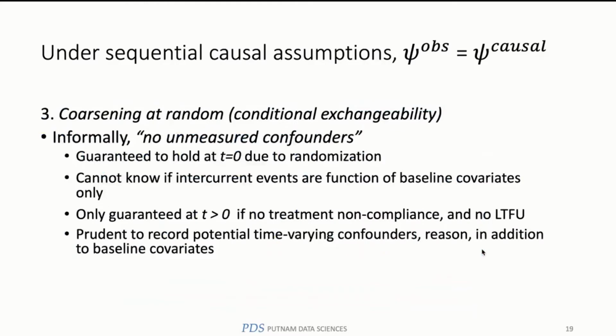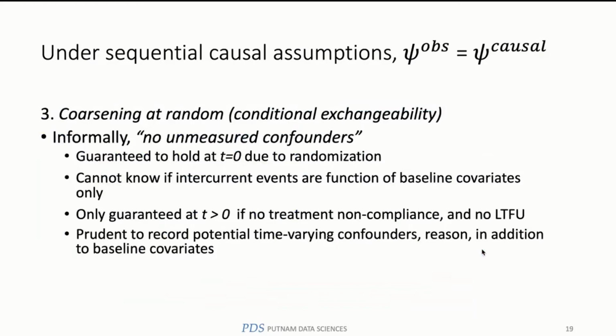The third causal assumption is coarsening at random, or you might think of it as conditional exchangeability, or informally as no unmeasured confounders. And so again, we know this is going to hold at baseline because randomization, let's say, is just a coin flip. But you don't really know if intercurrent events are a function of baseline covariates only.